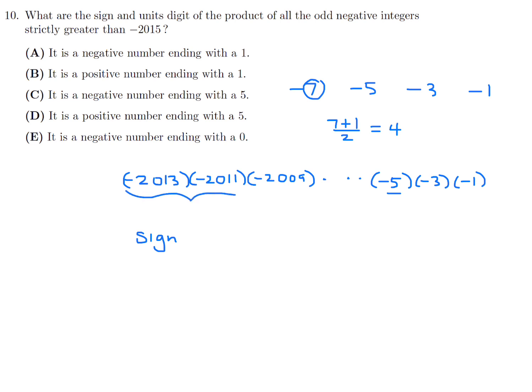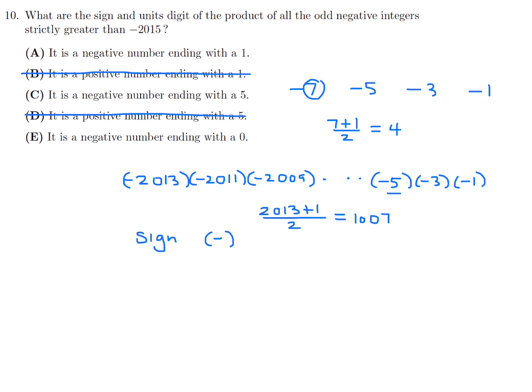So if I said how many numbers are there, same kind of thing. Take 2013, add 1, and divide by 2. So that's going to be 1007. So 1007 numbers, and because that's an odd number, there's going to be an odd number of negative signs. When they're multiplied all together, it will result in a negative. If it was an even, it would result in a positive. So the sign is negative, so we can immediately eliminate B and D.